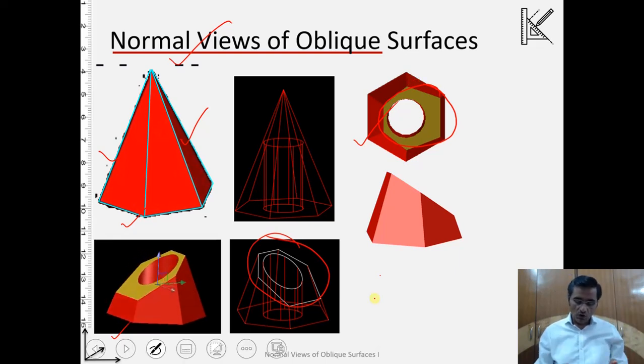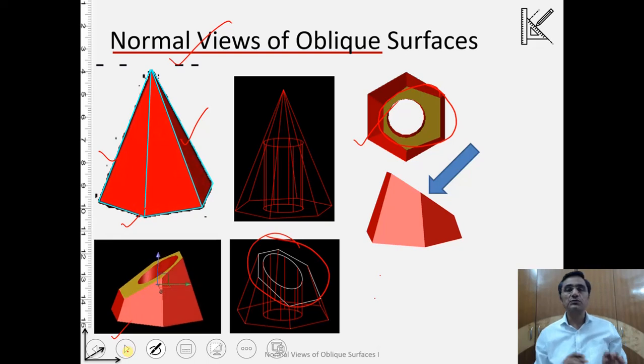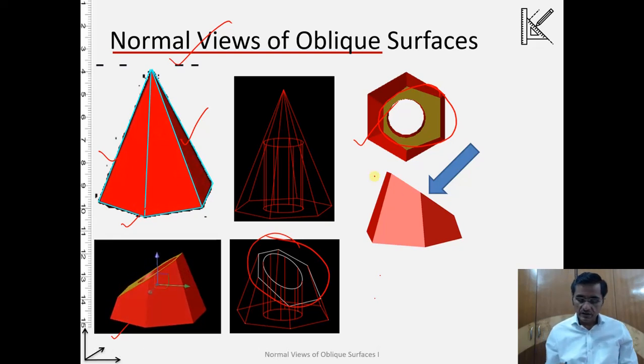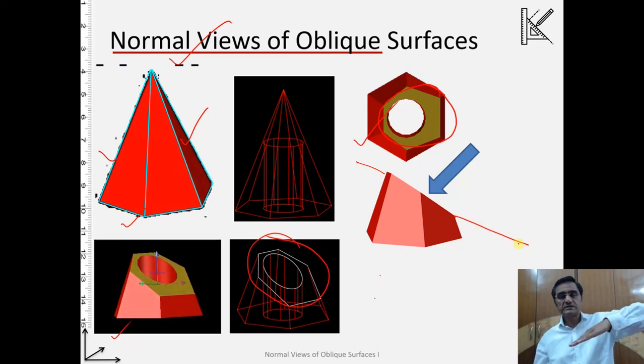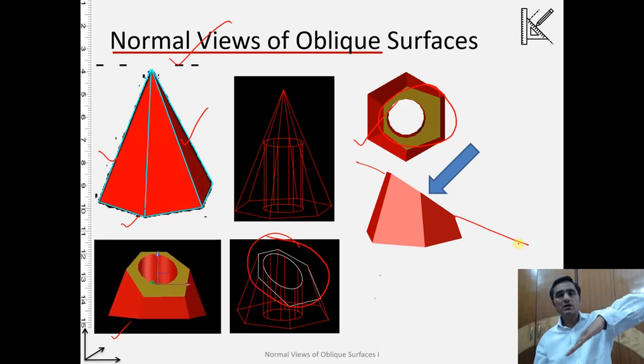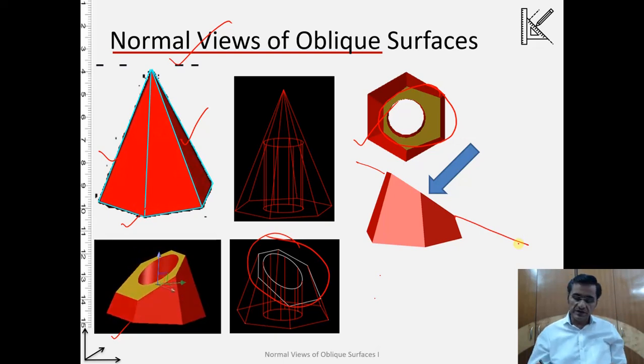So in order to generate the true view of this, we know that this line over here in the front view indicates the plane which is the inclined plane. So we need to see perpendicular to that.